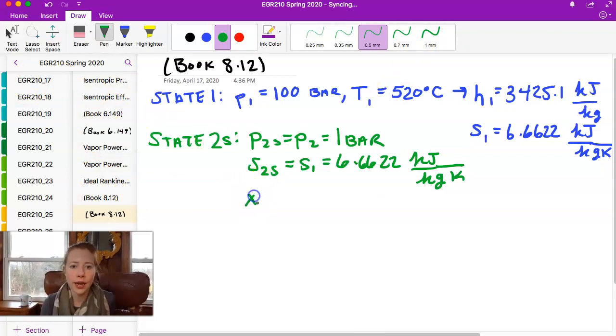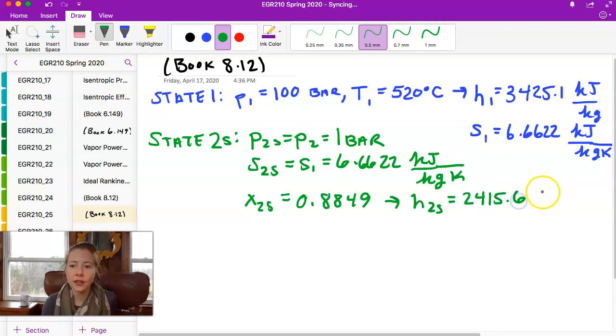So the quality at x2s, once you interpolate, based on knowing the entropy here, is going to be 0.8849. And that tells us that the enthalpy using this quality is going to be 2415.6 kilojoules per kilogram. Okay, so we have some information for state 2s. Now let's look at state 2.